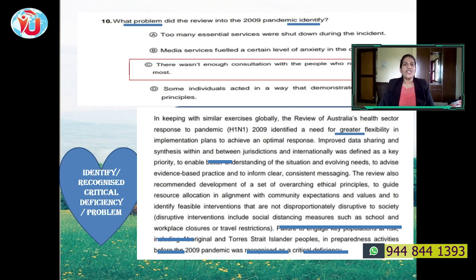So learn to apply the clues that are given, learn to apply the strategies that are given, and try to understand the format, try to understand the structure, and try to apply all the strategies to master your OET reading part 3.